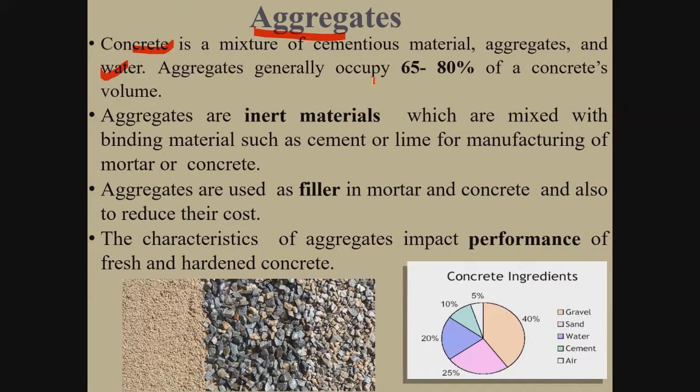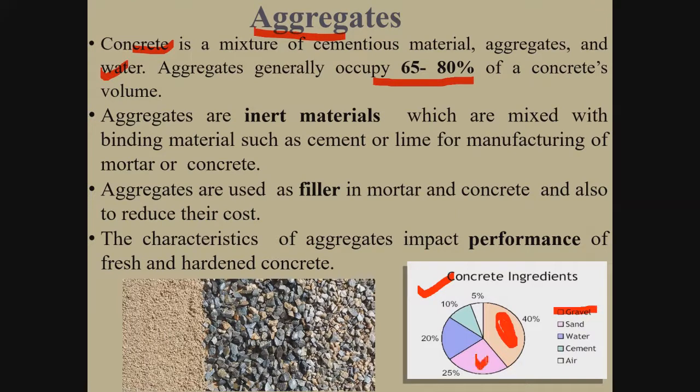Now, as a general rule of thumb, aggregates occupy around 65 to 80% of the concrete volume. The further demarcation is given in this pie chart. You can see that around 40% of the volume is occupied by gravel, such as the coarse aggregate or crushed stone.